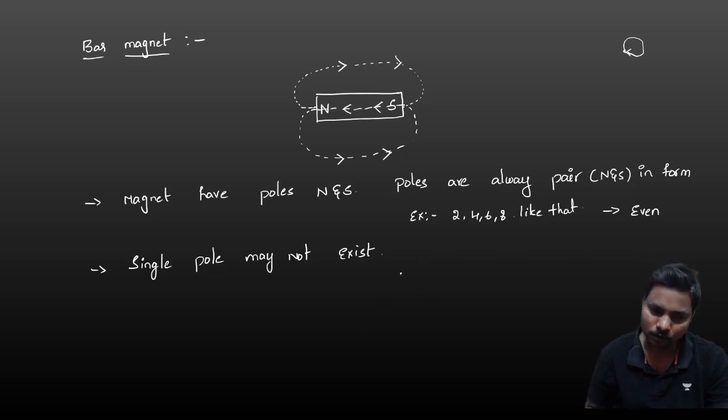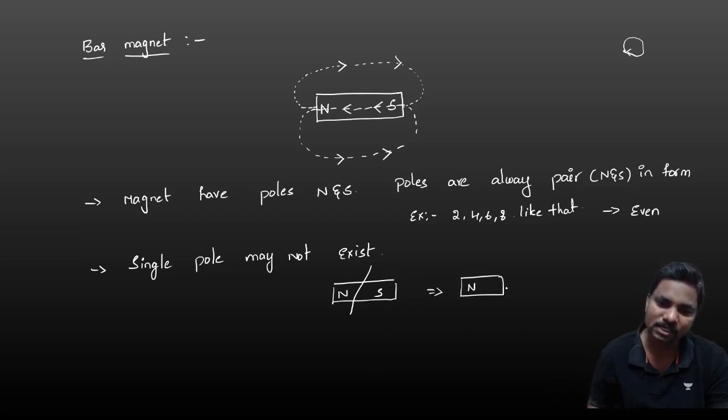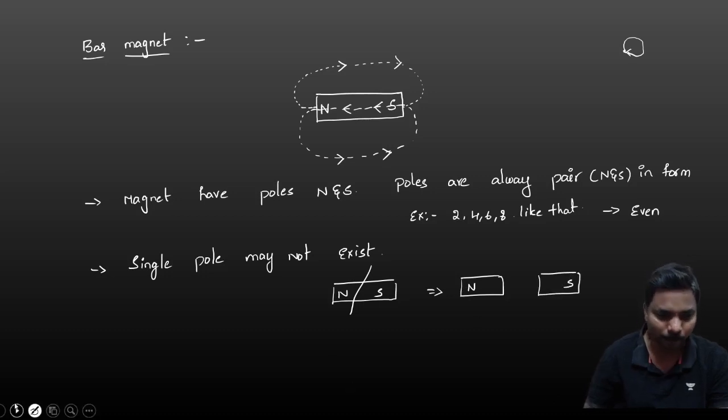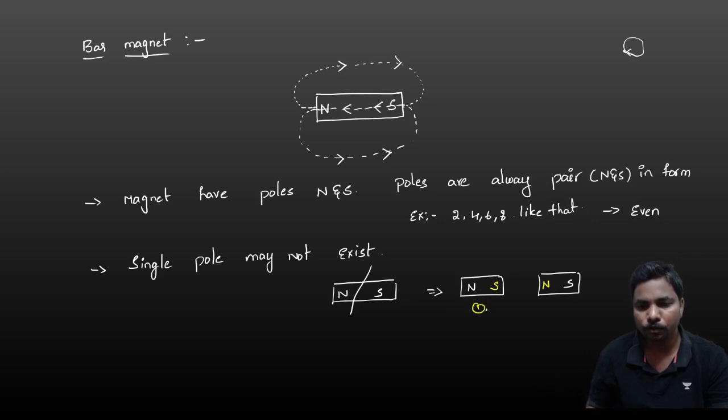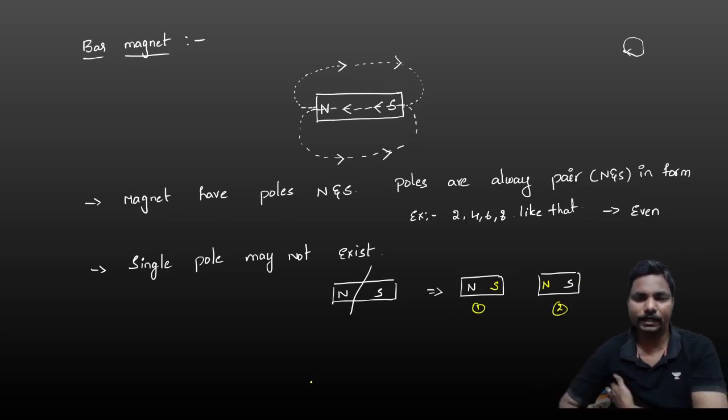For example, if we have a magnet having north and south and we cut it into two parts, then what will happen? A single pole does not exist, so automatically a south pole is created here, and automatically a north pole is created here. Now two new bar magnets are created.